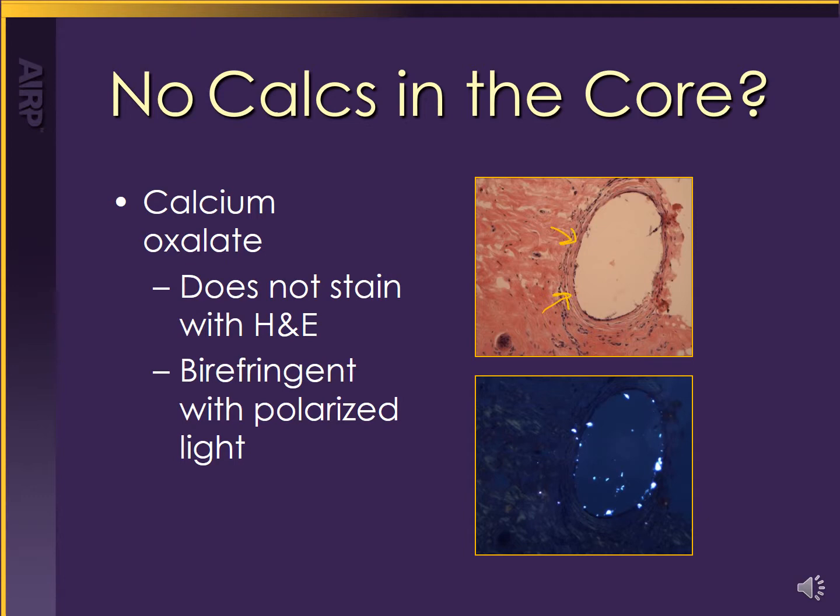So milk of calcium does not stain with H&E. It's calcium oxalate. But it is birefringent with polarized light, which means you polarize it and you see all these cool, glow-in-the-dark dots on that imaging. So most pathologists know to look with polarized light if they're seeing cysts but no calcifications.